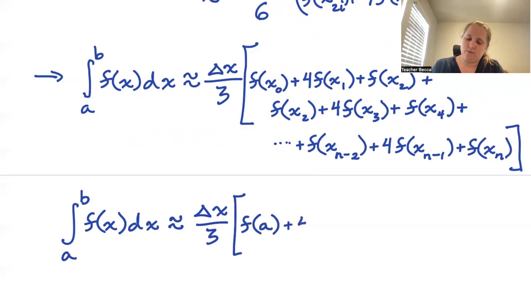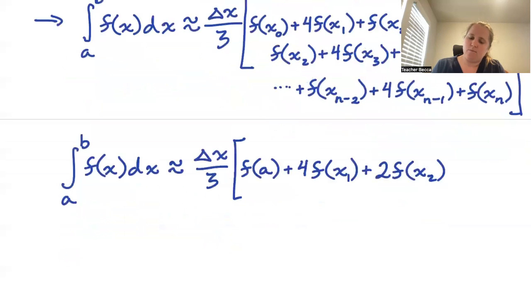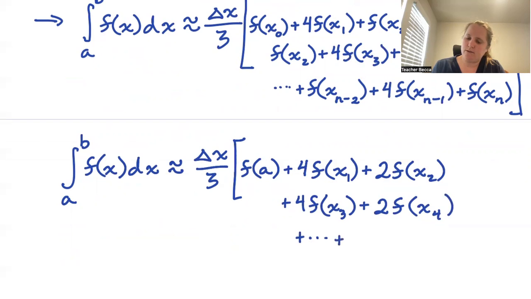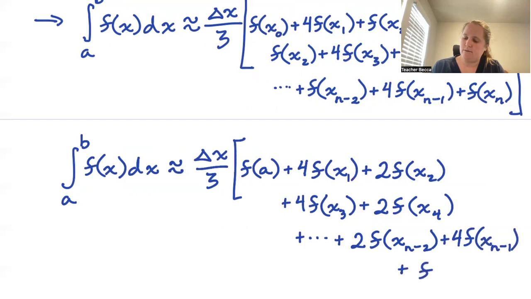Then we have plus 4 times f(x_1) plus 2 times f(x_2) plus 4 times f(x_3) plus 2 times f(x_4) plus, we would go up to plus 2 times f(x_{n-2}) plus 4 times f(x_{n-1}) plus f(b).